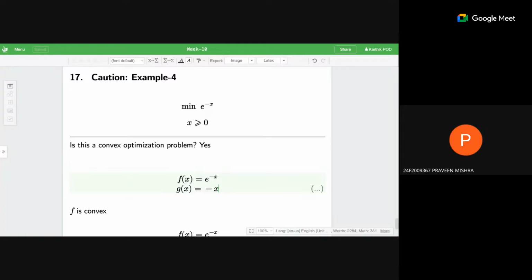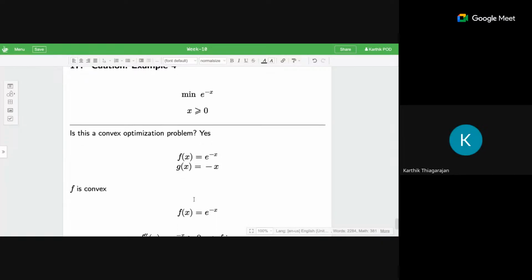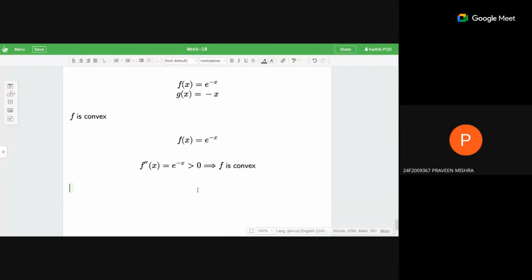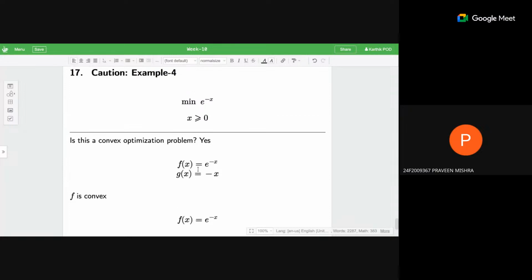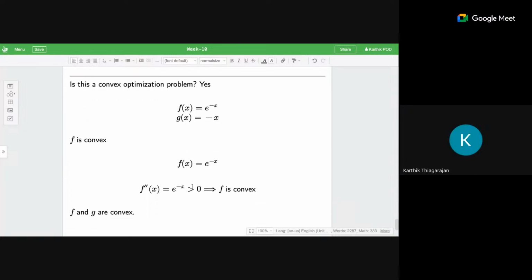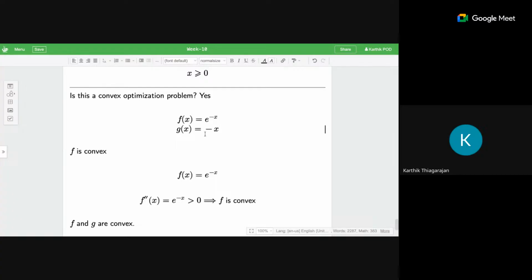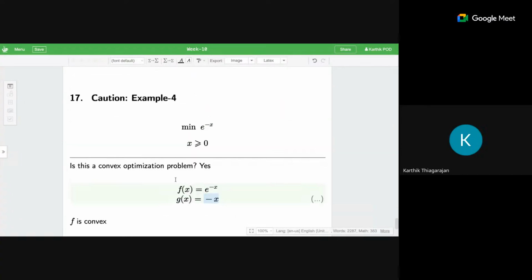We have to convert it into the form of less than or equal to 0. Yes, it's again the less than or equal to that kicks in. So f and g are convex. Minus x is both convex and concave. Okay, so this is a convex optimization problem.